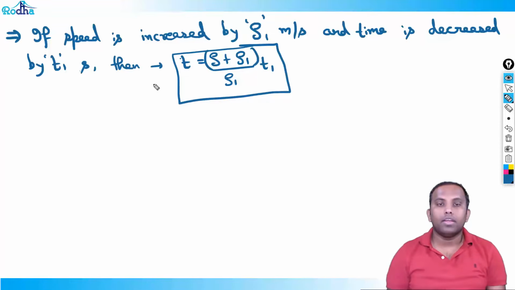Correct? Okay. So what is S and T here? S and T are the original speed and original timing.